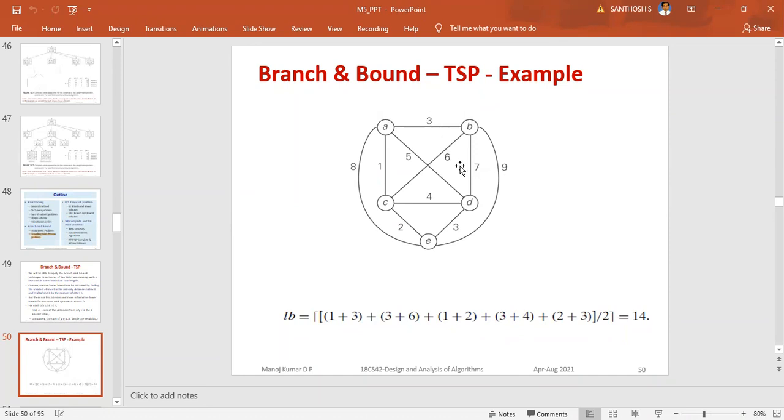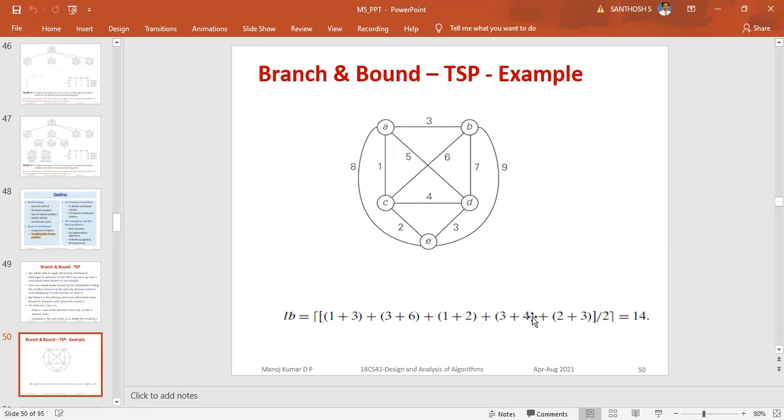In that, which are the smaller ones? 3 and 6. So take 3 and 6 here. Come to the C part: C to A is 1, C to B is 5, C to D is 4, C to E is 2. In that, which is the nearest? 1, and the other one is 2. That's why we have taken 1 plus 2.